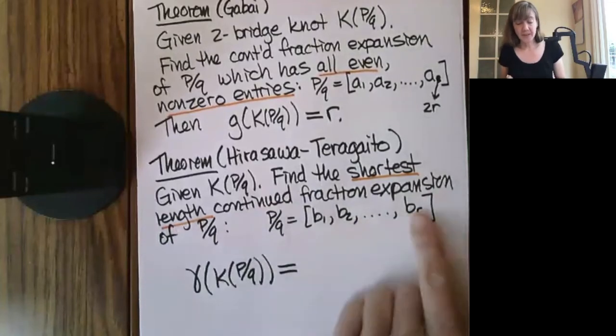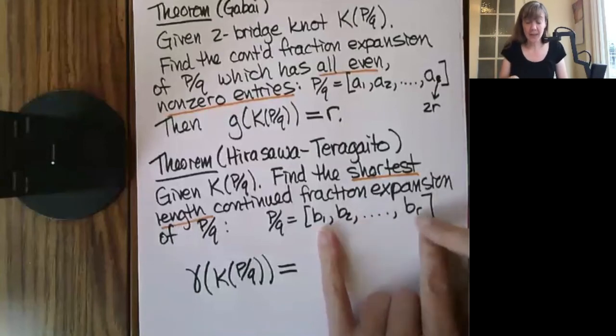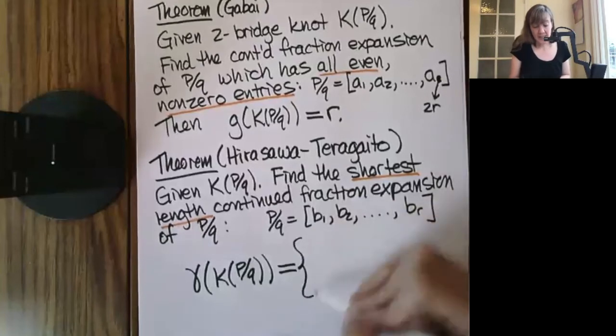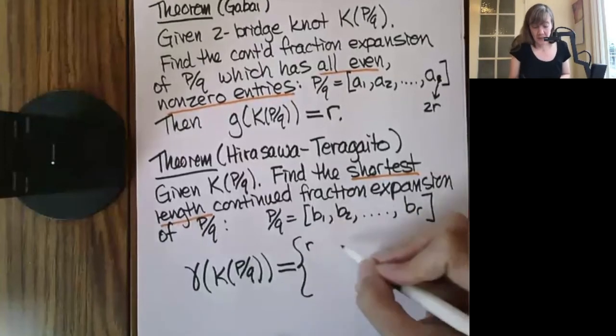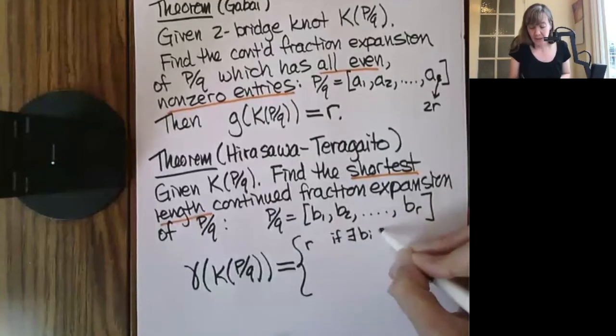If the surface that comes from this expansion is already non-orientable, then that will realize the crosscap number. And remember, it's really easy to look at these numbers and know if it's non-orientable, just if any of them are odd. So the crosscap number will be R if there exists a B sub i that's odd.